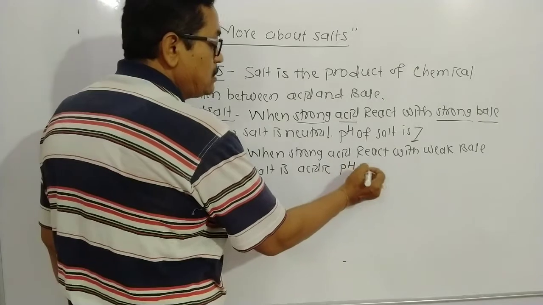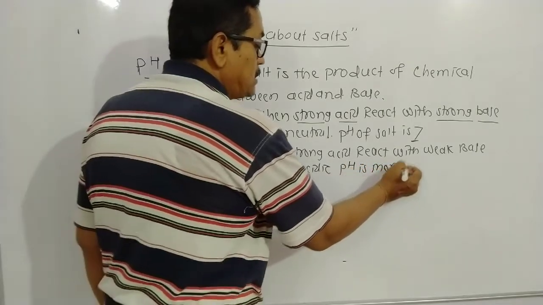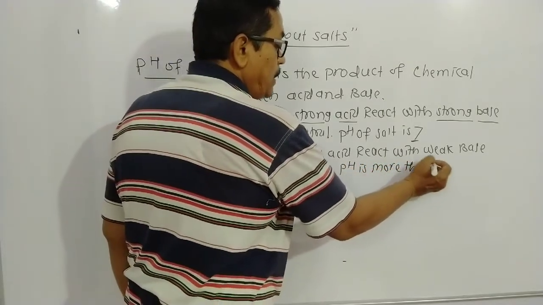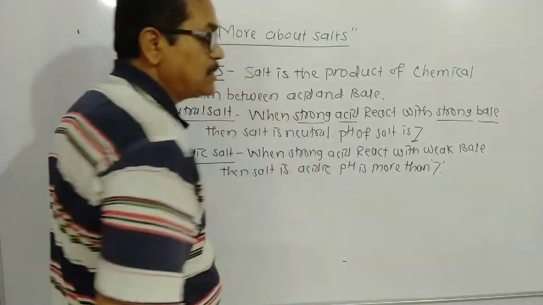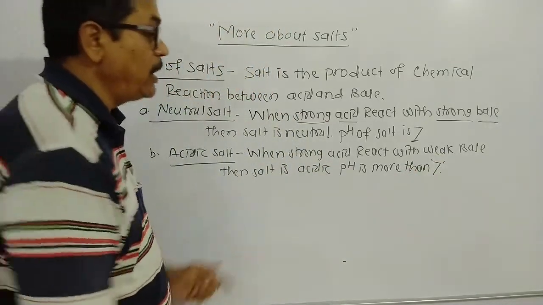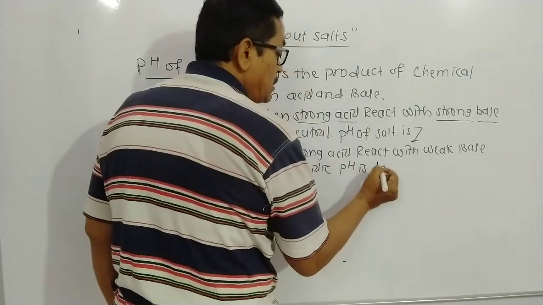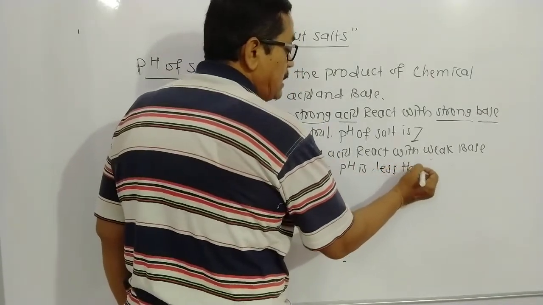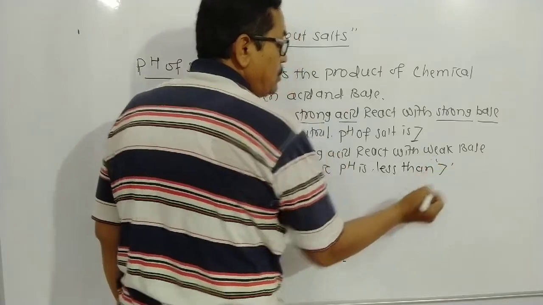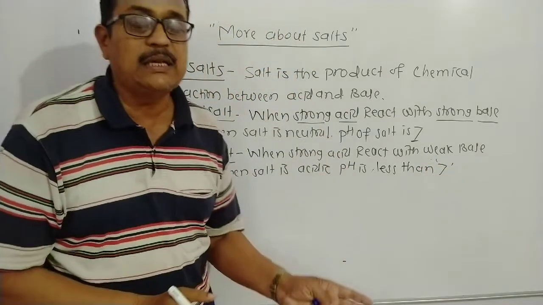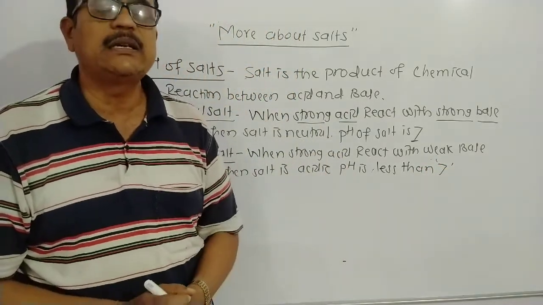The pH of the salt is less than 7, and if the pH is less than 7, then it indicates acidic nature.